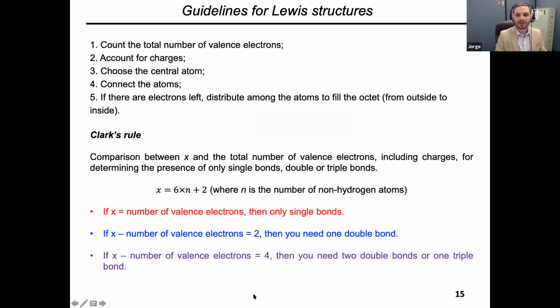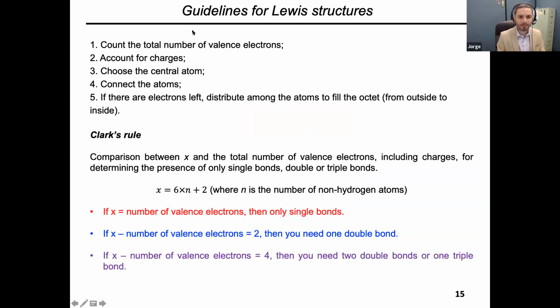All right, so now let's start thinking about building Lewis structures for covalent compounds. We are going to follow a sequence, and there are some things to help us decide what kind of bonding we are going to have in our compound.